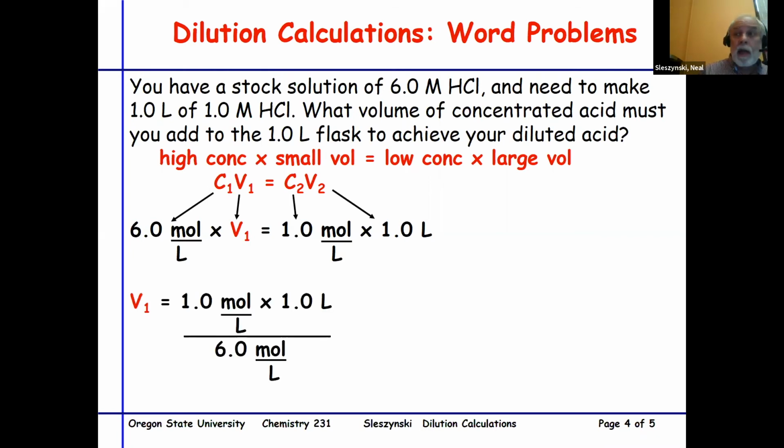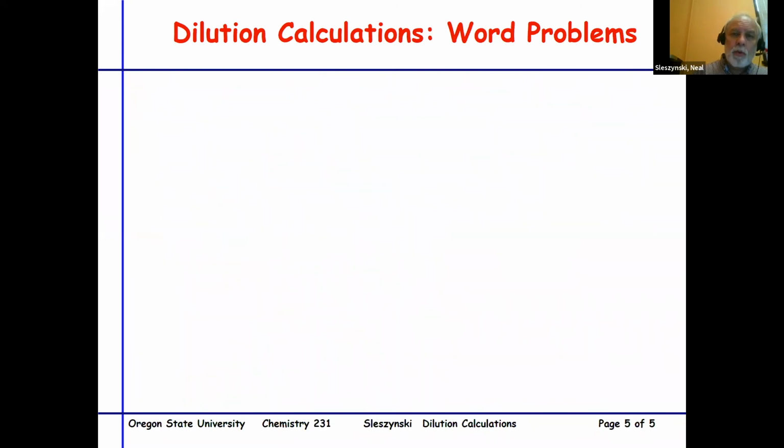If we go ahead and rearrange the algebra to isolate our variable V1, do some units cancellation, and then pick up a calculator, we'll find out that we need 0.17 liters of concentrated 6 molar acid added to a 1 liter flask diluted to 1 liter with DI water to give us the diluted concentration of 1 molar HCl. Let's take a look at a slightly more complex word problem.